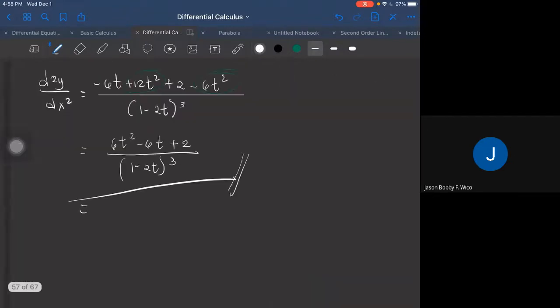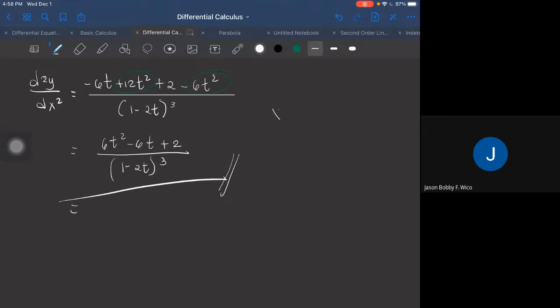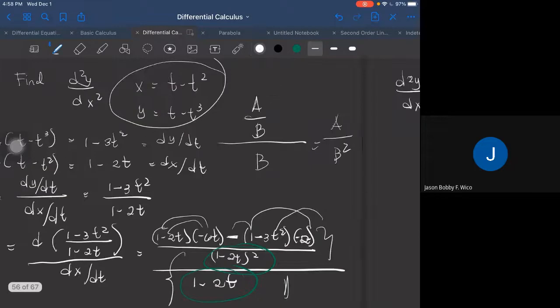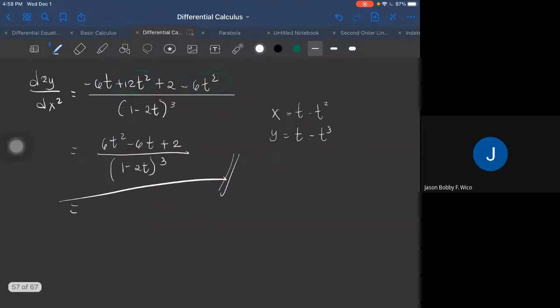And so you have, let's say, x equals t minus t squared, and y is t minus t cubed. So you assign values of t. Say you tabulate. And so you start with the t, and then this is for the x, this is for the y.